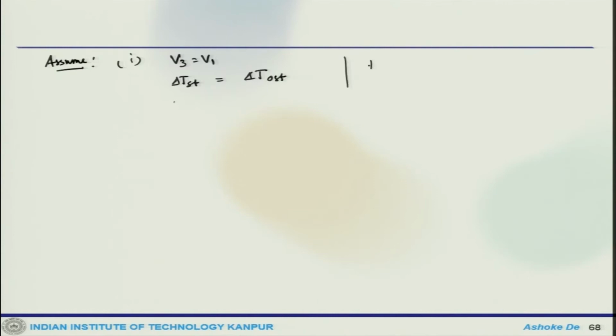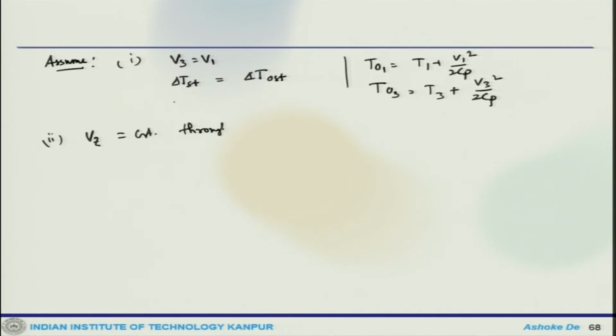I can write T naught 1 is T 1 plus V 1 square by 2 Cp, and T naught 3 is T 3 plus V 3 square by 2 Cp. Second, V z is constant throughout the stage.